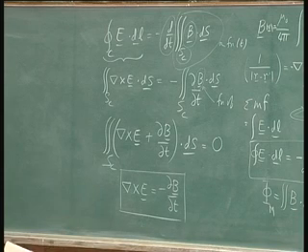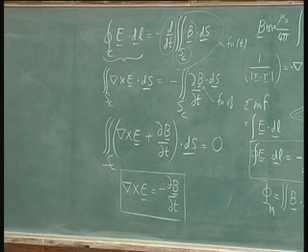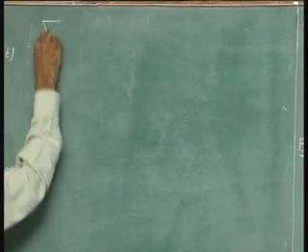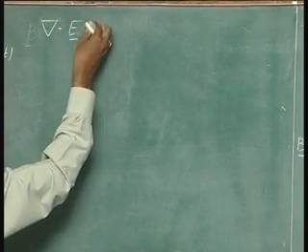So, let us summarize and see where we have reached, because it is quite a packed lecture. What we have done is we have started with a set of equations.